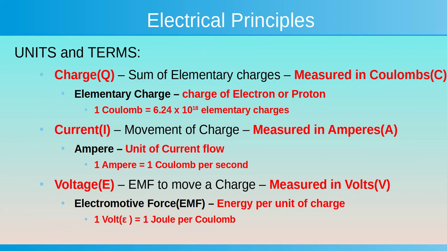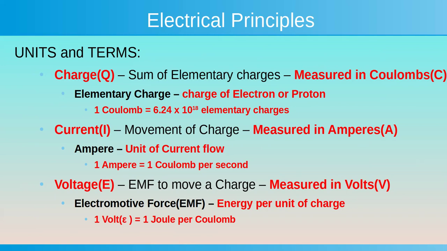We use the capital C to represent coulombs, and we use capital Q to represent charge. We also use those symbols for other things, so it can get confusing. An elementary charge is the charge that's on a single electron or proton. They have equal and opposite charges.